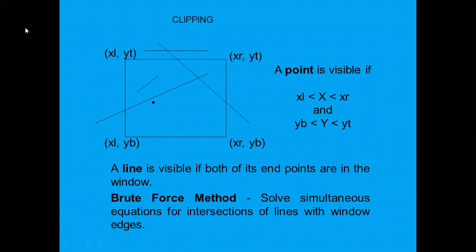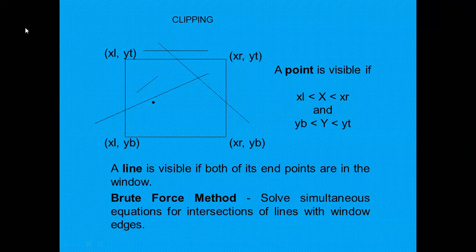In the viewport, we just select the particular portion of the image, and the remaining portion we cannot see. Whatever lies inside the window is the visible part, and whatever lies outside the window is the invisible portion of the image.